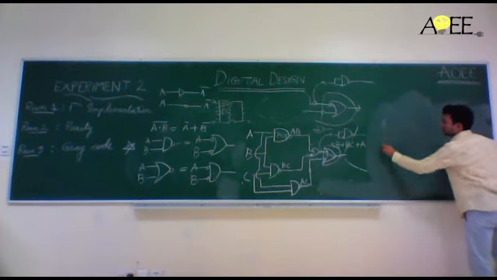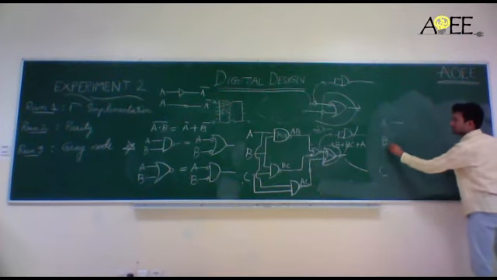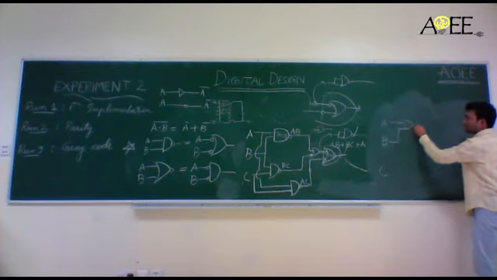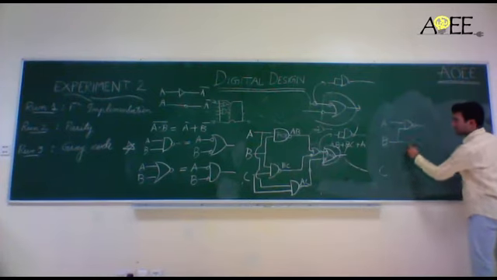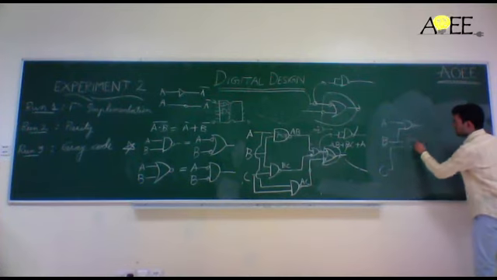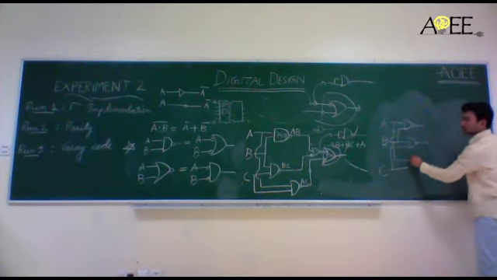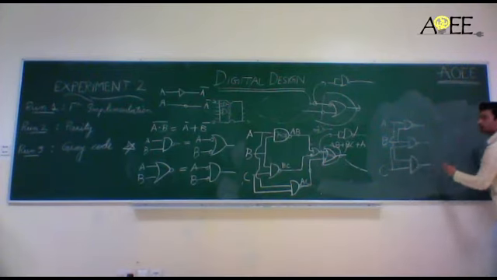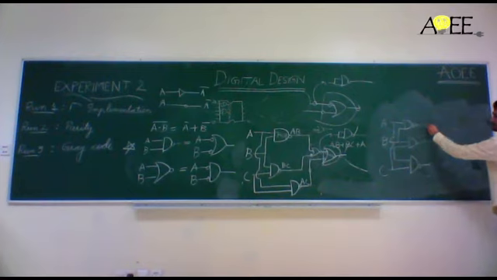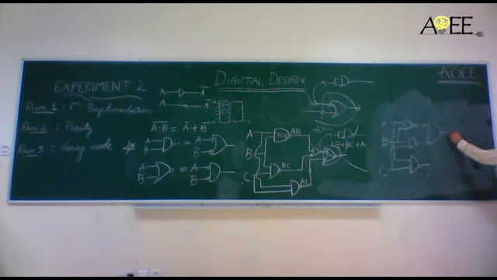So A, B, C, you have one NAND gate, then B, C, another NAND gate, then A, C, another NAND gate, then these two have been connected with another NAND gate, then there is another NAND gate, and finally these two have been connected with a NAND gate.